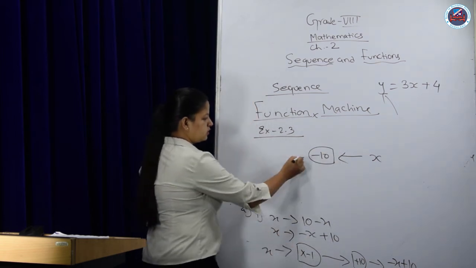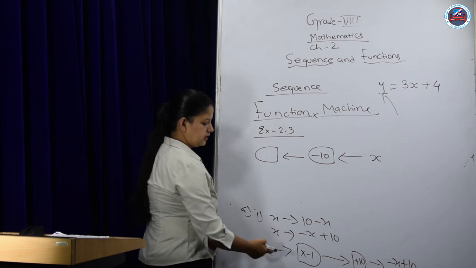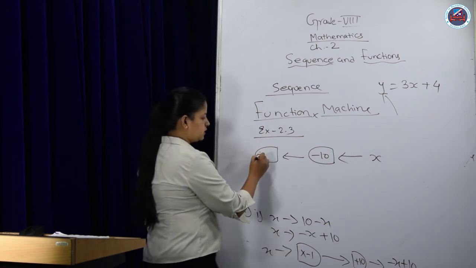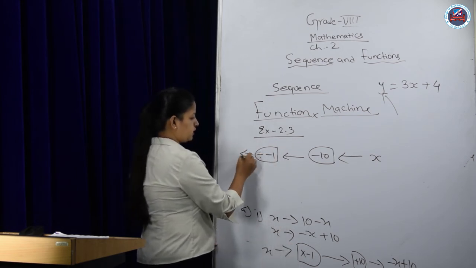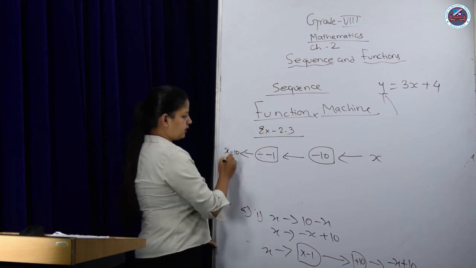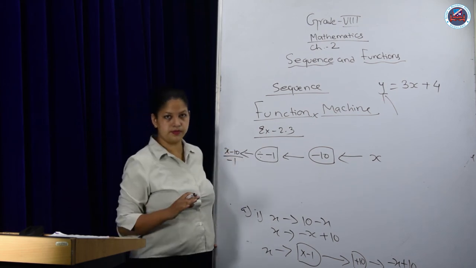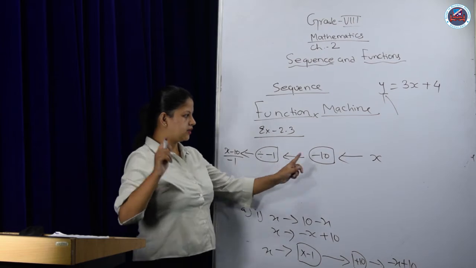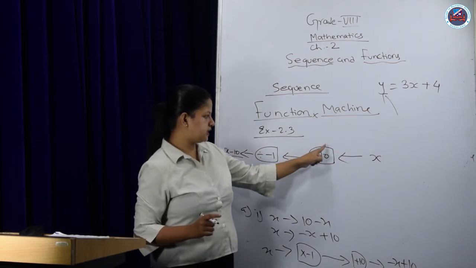And furthermore, multiplied will be changed to division. So finally what will you get? In x, negative 10 divided by minus 1. Simple. So just reverse. And one thing to remember, if you are reversing, please change this sign also.